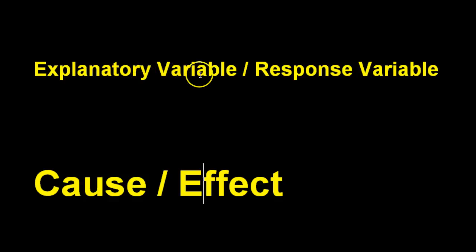So the explanatory variable is a possible cause. I mean, you're doing the experiment to find out if there's a relationship, so we don't know, but we're testing to see if the explanatory variable is some sort of a cause. And the response variable is the thing that we're trying to see how it is affected. All right, so cause and effect, explanatory variable, response variable.